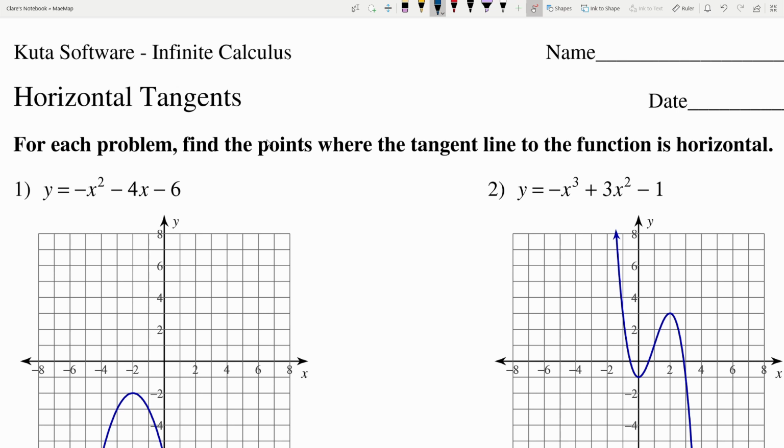So we just need to figure out when the derivative, which is a way of finding the slope, is equal to 0, right? Because a horizontal line has a slope of 0. So in a nutshell, what we're going to do is take the derivative and set it equal to 0 to get that horizontal tangent.